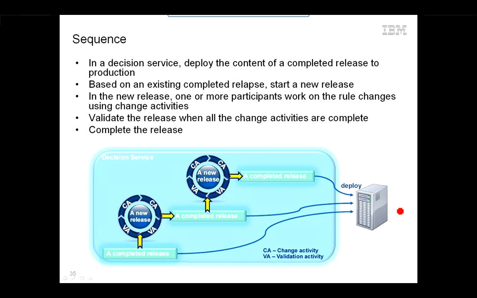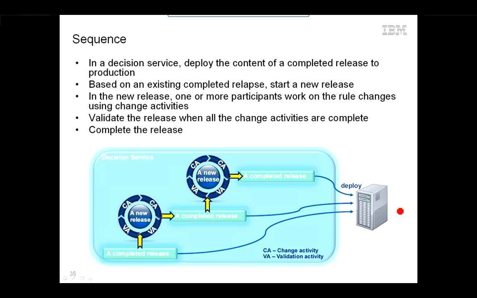You create a release and attach that decision service to that particular release. For instance, I'm working on an auto insurance rules project, and it's been tested, ready to go, and deployed.